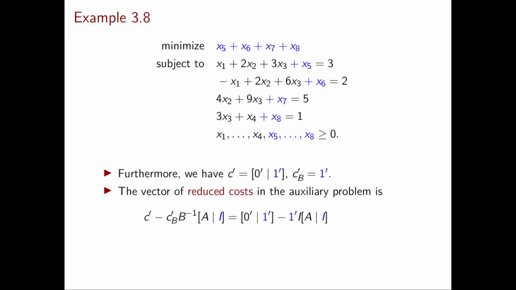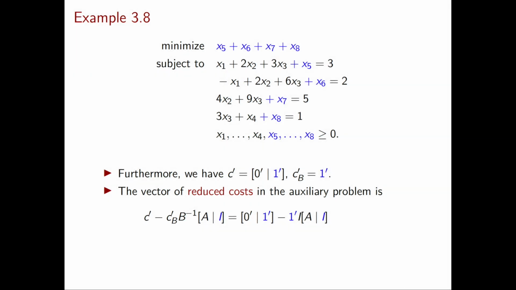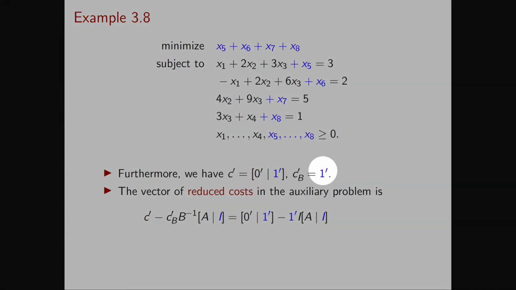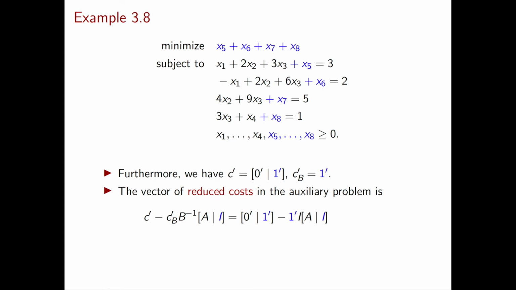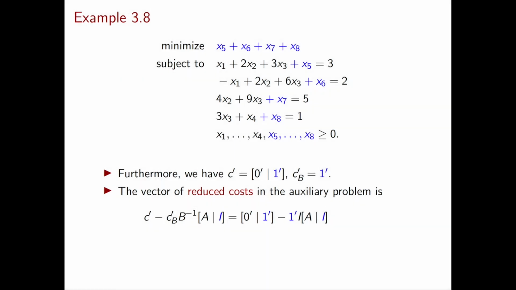Then in our formula for the reduced costs, we have c_B transpose. So what is this vector? This is the subvector of the basic components of c, and since the basic variables are exactly the auxiliary variables, we have that c_B transpose is equal to 1 transpose, so the vector of all ones. We can now substitute c transpose and c_B transpose in our formula for the reduced costs.